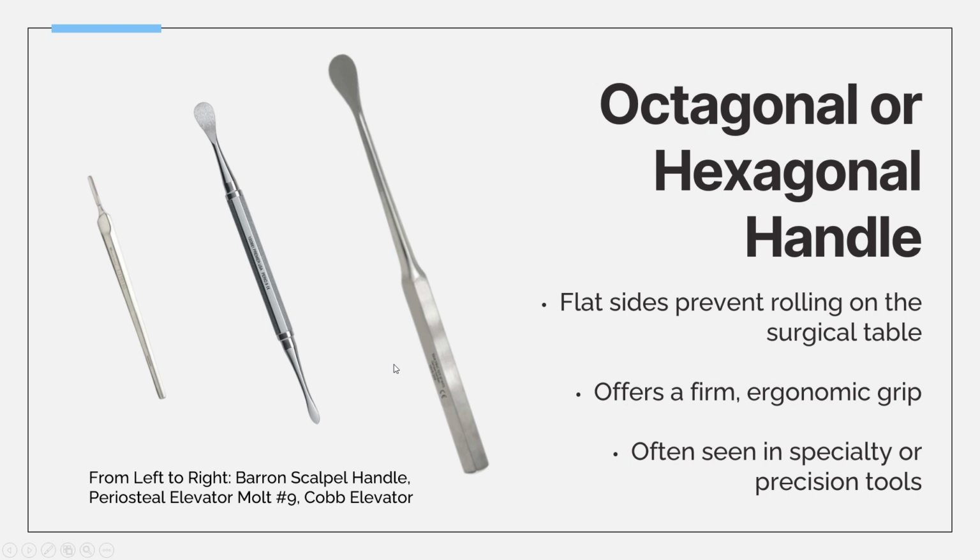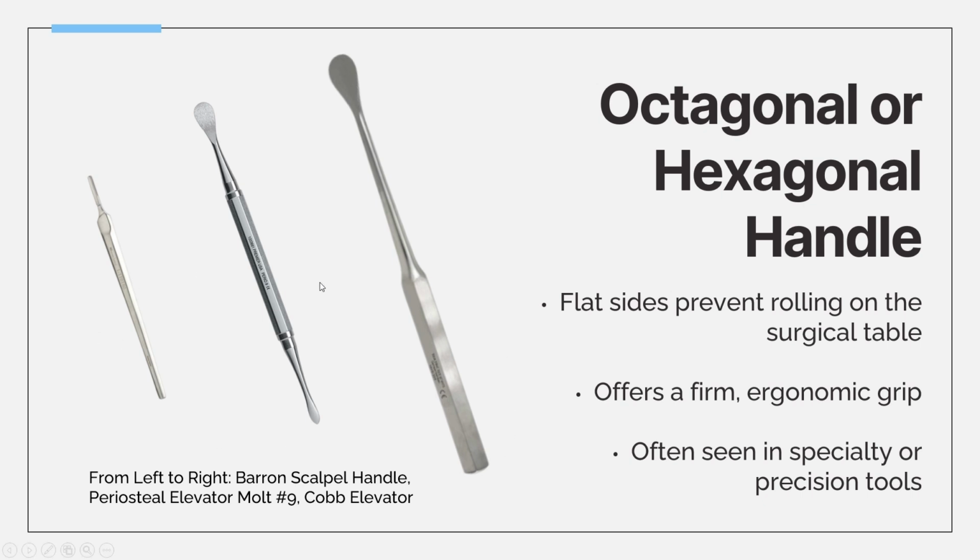The angular design offers a more secure grip and helps align the instrument properly in the surgeon's hands. They also reduce hand fatigue by providing comfortable gripping surfaces, especially during precision tasks. So the design is particularly popular in European style surgical instruments, as I mentioned before.